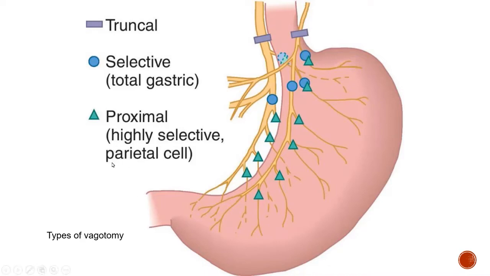And the proximal or highly selective or parietal cell vagotomy is the method of choice because you cut only the branches needed for acid production, without cutting off the motor branches.